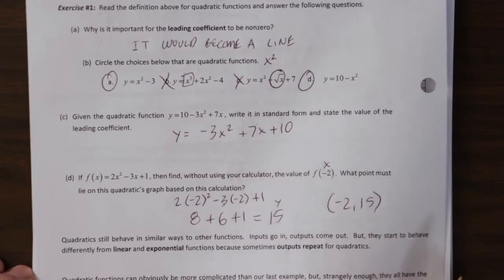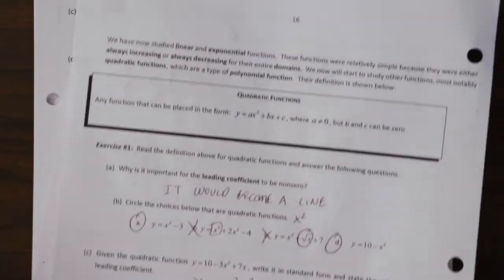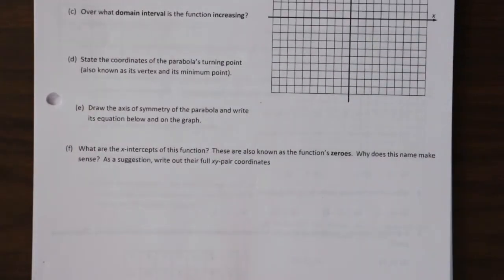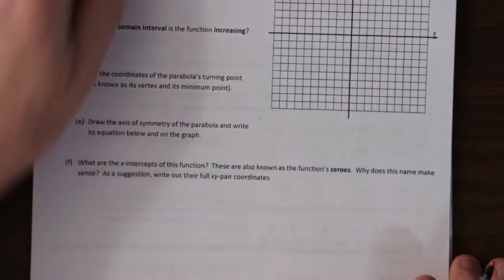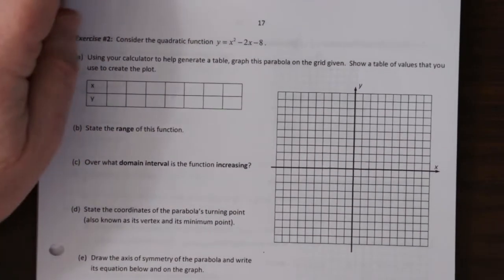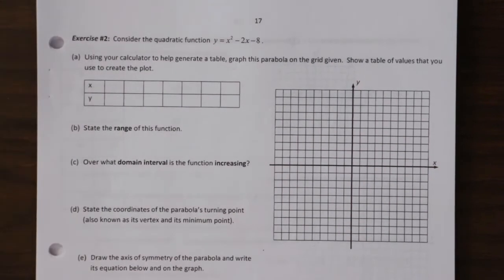All right, so let's go over to page 17, and this is going to be the real basis for this lesson. Let me slide it back so you can see it all. It says, using your calculator, generate a table and graph for the parabola on the given grid. Show a table of values that you use to create a plot.